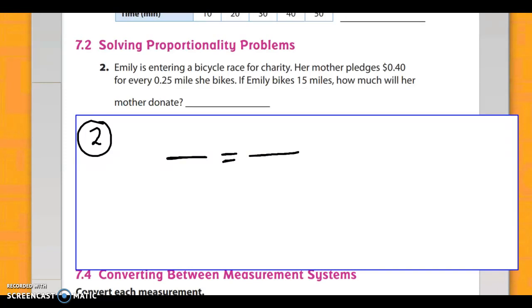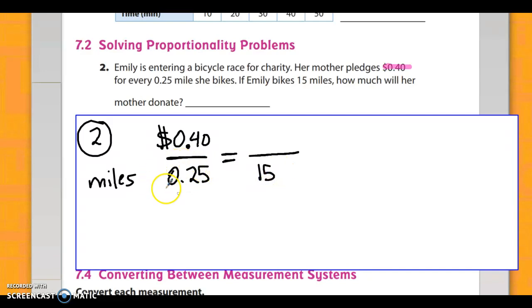So I would take this information given to you, which is she makes 40 cents for every 25/100ths miles. I'm going to put miles as my second term. Now, one thing you could do is put 15 miles right here, but a lot of people wouldn't know how to take 25/100ths and put it into 15.